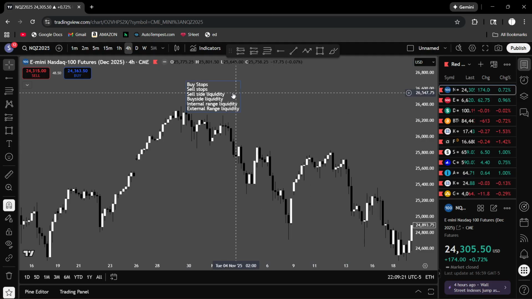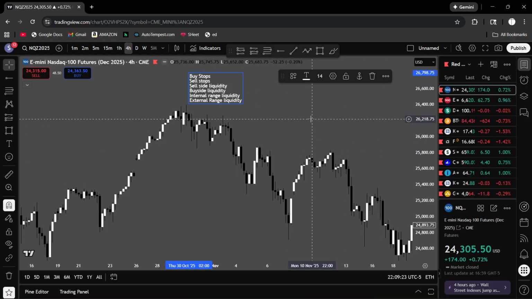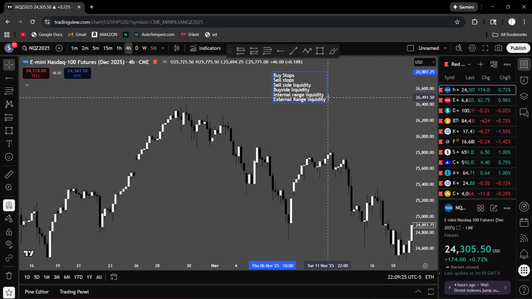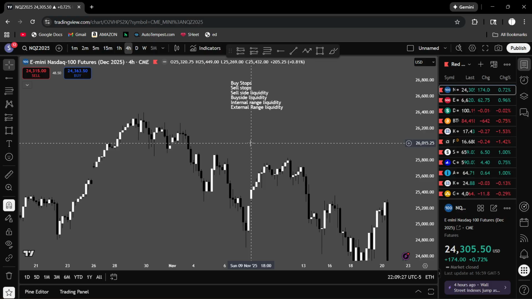So now these are the most common terms you'll see for what liquidity is, and I'll briefly touch on all of them, starting off with buy stops.